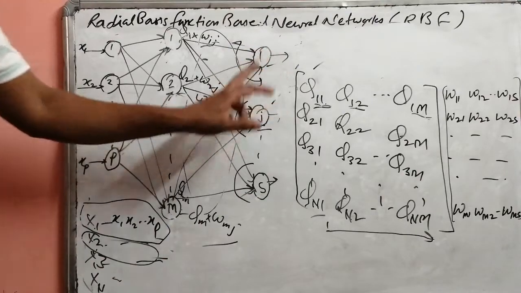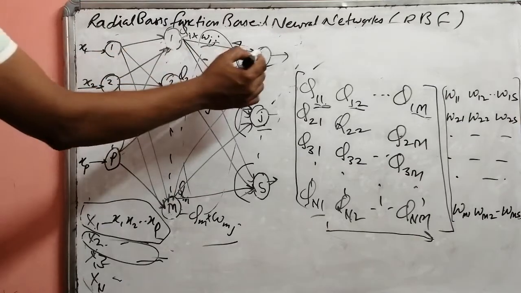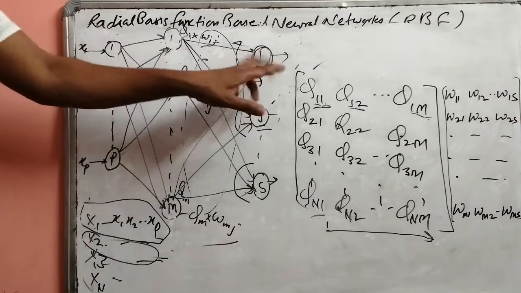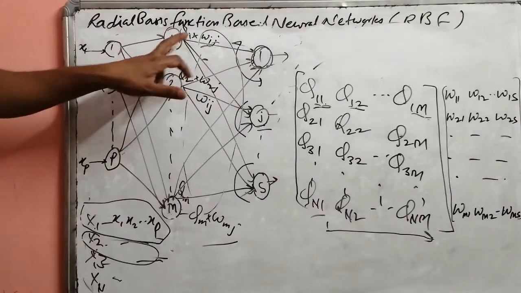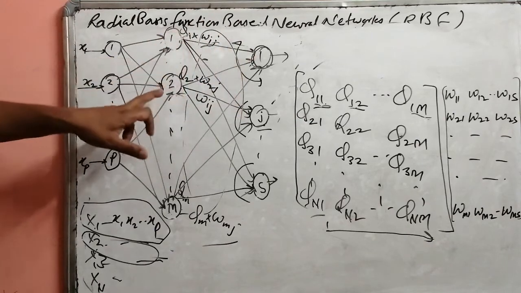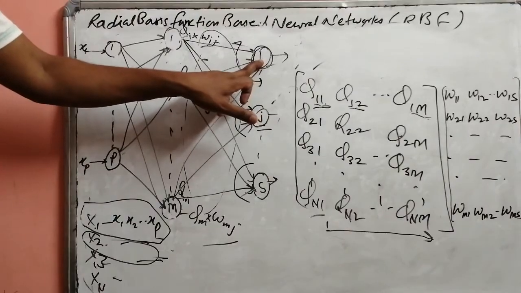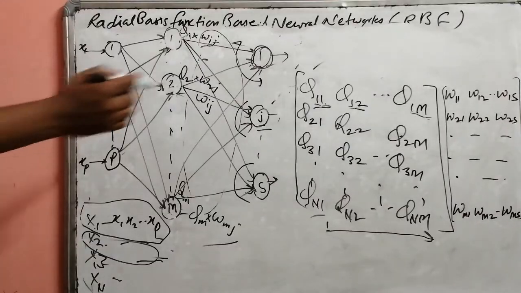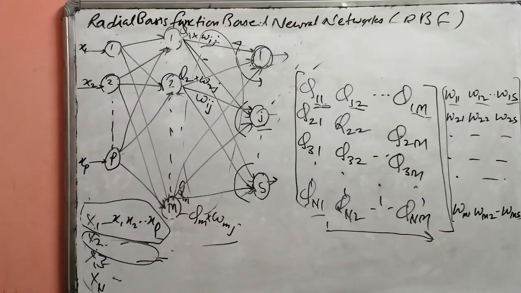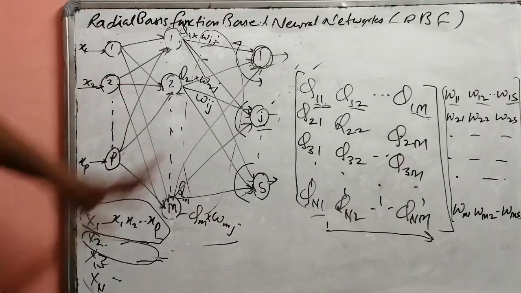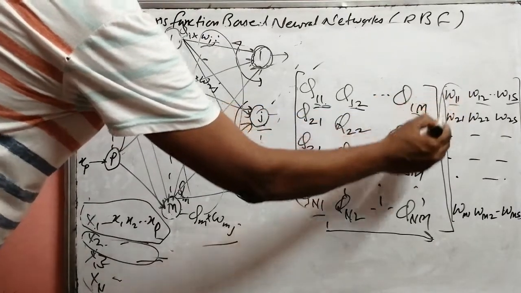So there will be s number of neurons in the output layer. Now let us think about the weight vector for the first neuron. Weight vector means all the incoming weights at neuron number 1. So neuron number 1 has W11, W21, up to Wm1. These are the weights incoming at neuron number 1, and these weights are given by using column number 1.